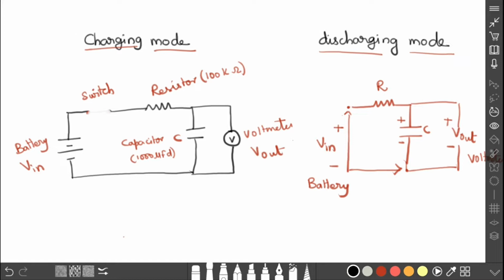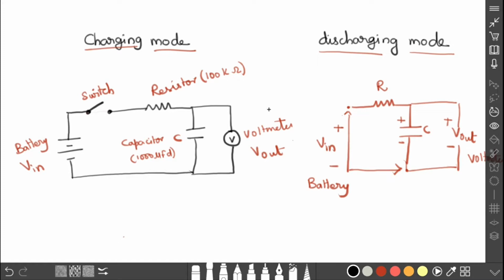The switch should not be connected, only this is the difference for discharging. For charging it should be closed, and we perform the experiment. For discharging it should be removed and then we perform the experiment. So now let us go to the lab and do the experiment, charging mode as well as discharging mode.